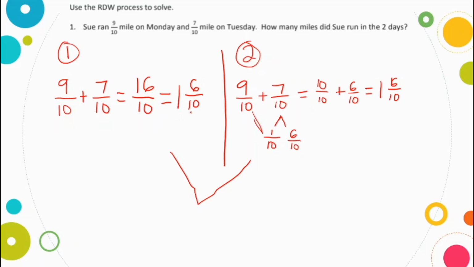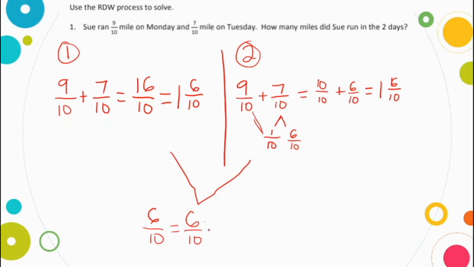So 6/10, I can reduce this fraction into something smaller. So what we're going to do is take 6/10 and see what we can divide it by to get a smaller denominator.